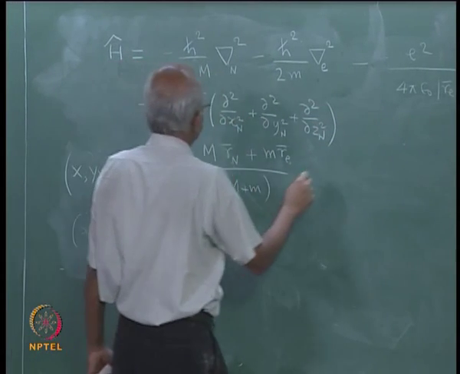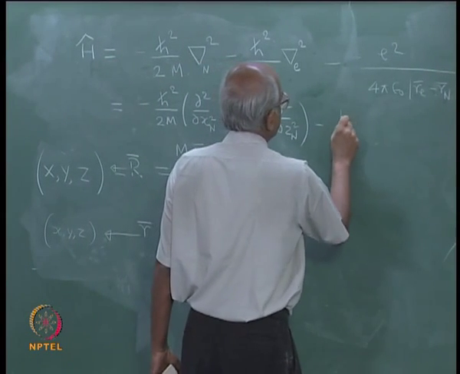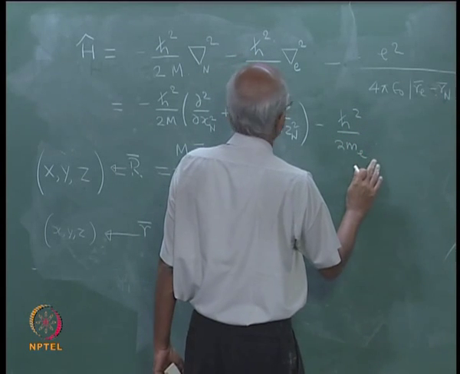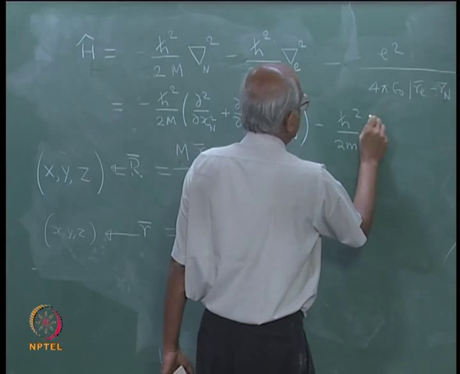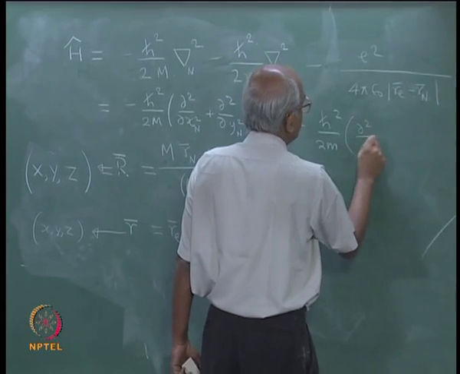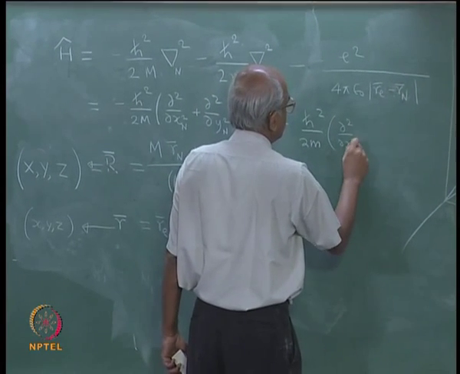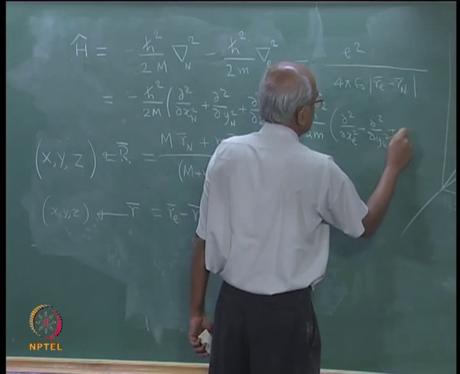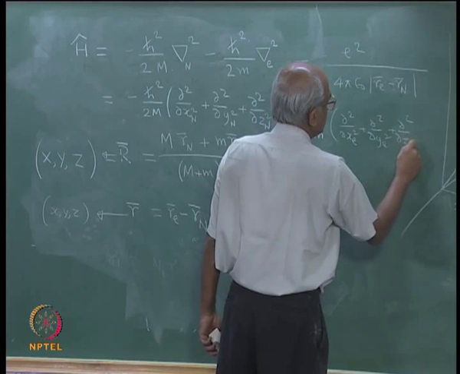So that is this part, and then what happens is minus h cross square by 2 m, oh no, there is no e there, m, del square upon del x e square plus del square upon del y e square plus del square upon del z e square.